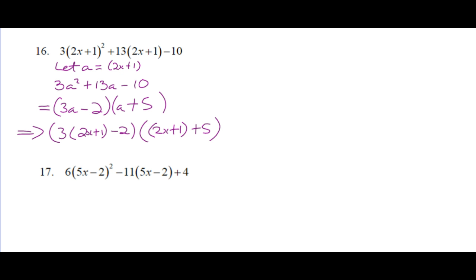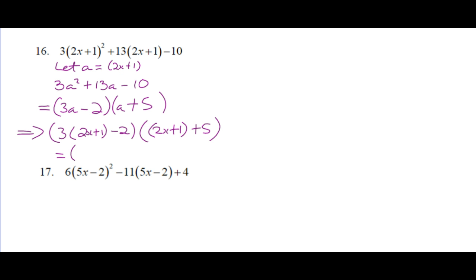Okay. So now we say, you know what, really there was no a in this thing. We just let it be a little stand-in that we were going to use so we could factor it a little more easily. And now we have to replace it. You've got to make sure that your expression is in brackets, and that's why I always bracket this no matter what, because here it matters.